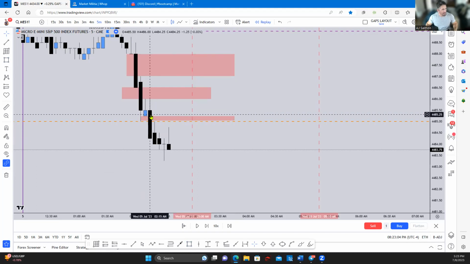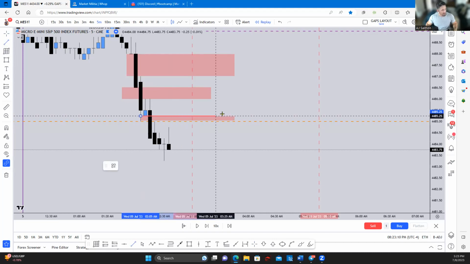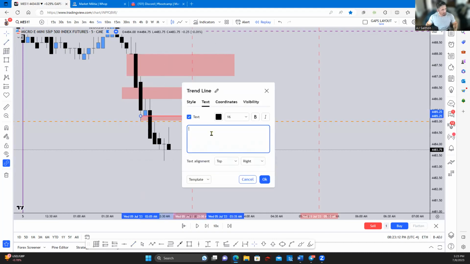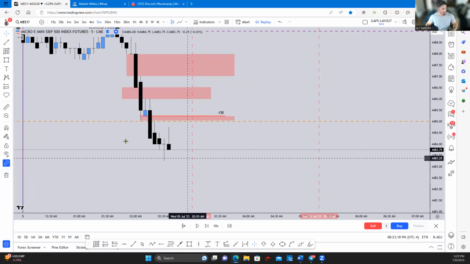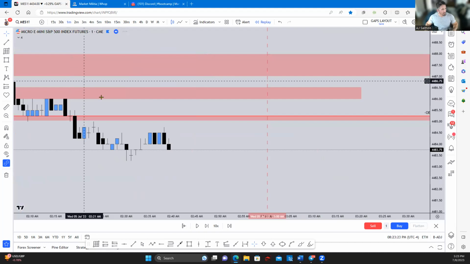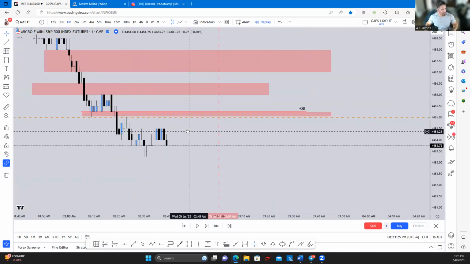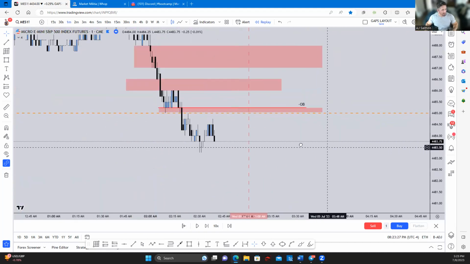And this up close candle before this next push down here is our order block. So this would add an extra bearish order block, extra confirmation to go lower. So let's drop down and see what price does in this window.